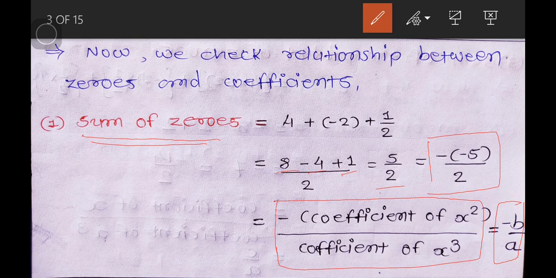This is the first relationship between zeros and coefficients of a cubic polynomial.